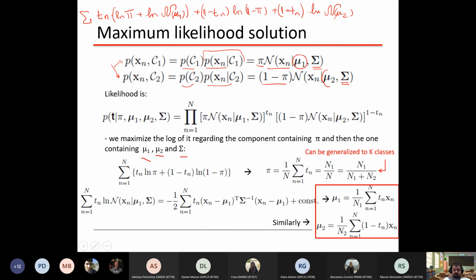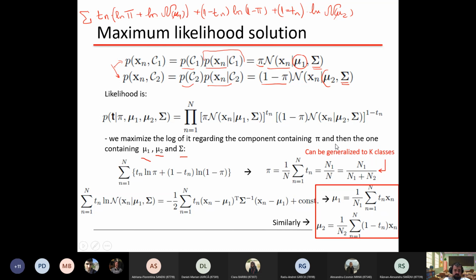And now, first we need to identify the value of pi. So what we need to do here is to differentiate the terms that depend on pi. We need to differentiate the log likelihood and set the derivative with respect to pi to 0.